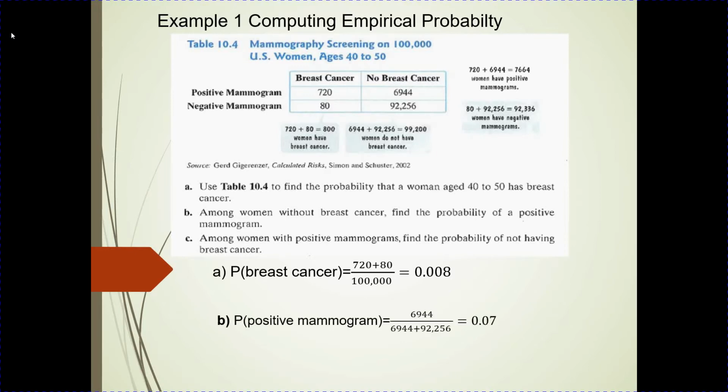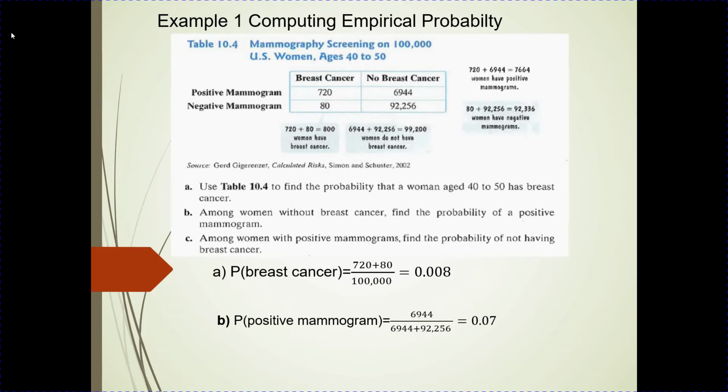Now, among women with a positive mammogram, find the probability of not having breast cancer. Among women with a positive mammogram, you will take the sum of 720 and 6,944, which is exactly 7,664.